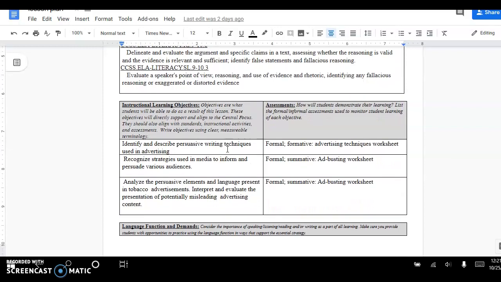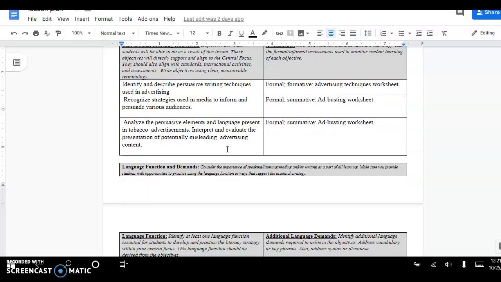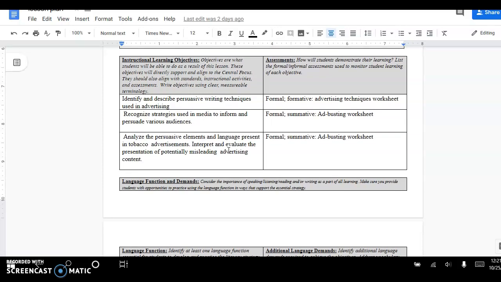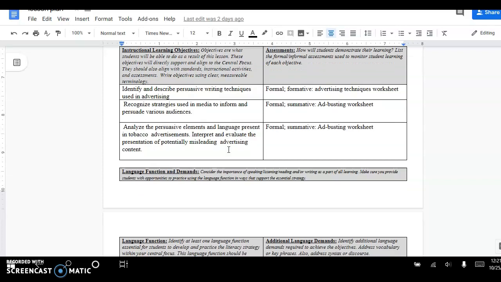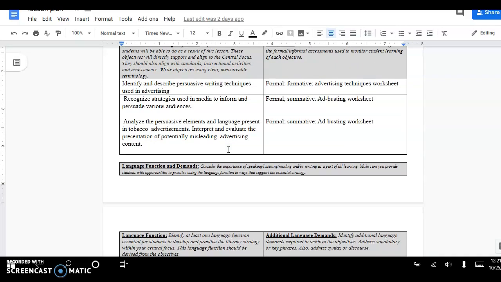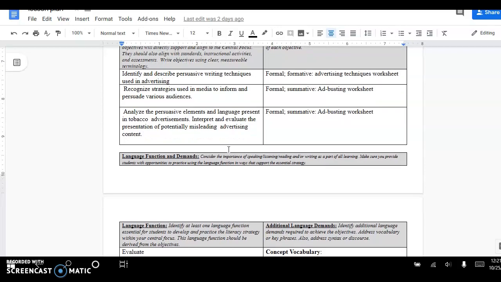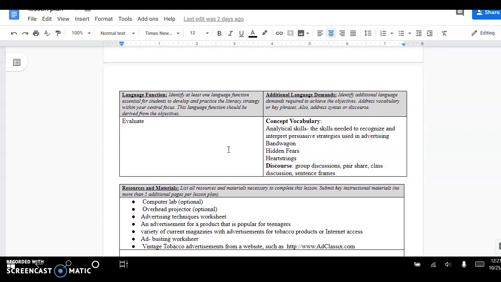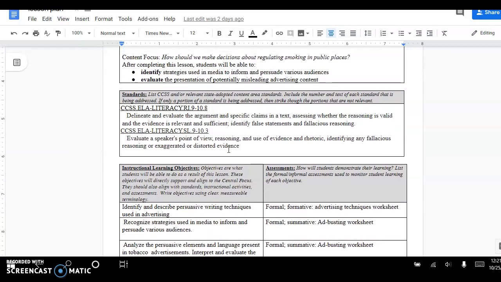So going through our lesson plan, there were 2 worksheets already presented within the previous lesson plan, so we used those, and we figured that a lot of them were formal worksheets because they would be turned in and graded, but there's also one summative worksheet that summed up everything that was learned throughout the lesson, and we focused on just one language function, which would be to evaluate, because that's what students are doing towards the end when they write their paper.